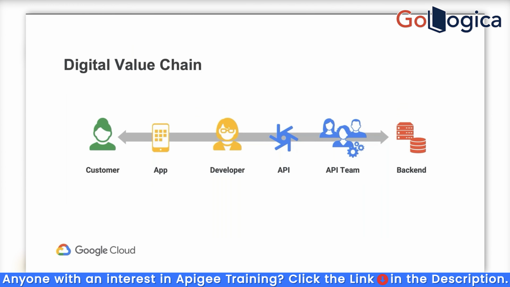Now we also have a concept called digital value chain. This is more like a marketing term people use with APG. So basically, what happens in any big enterprise? On the database layer, a lot of times a lot of meaningful data is just sitting in the database.